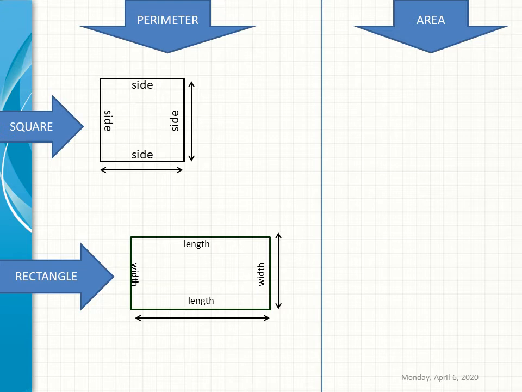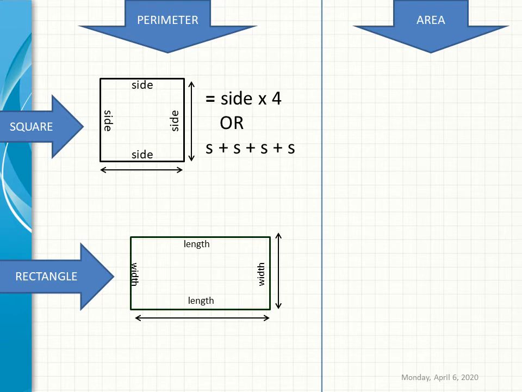It's either you say 6 times 4, that is 6 times side, or side times side, since all the sides are the same, or you add together by saying side plus side plus side plus side.